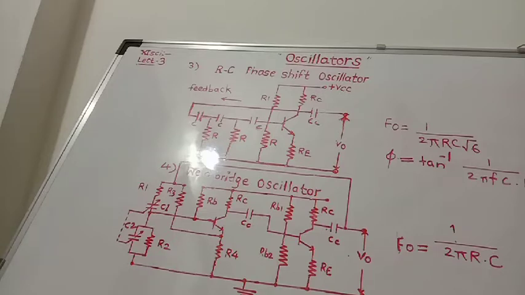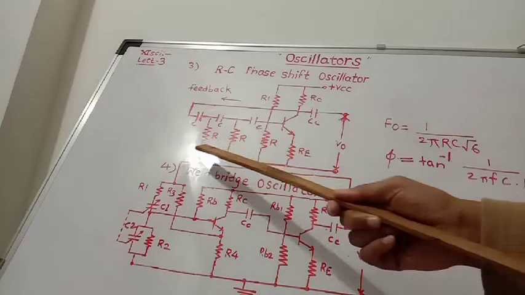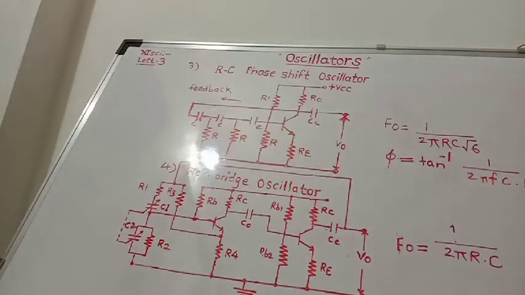It acts as an oscillator because each RC network produces a 60-degree phase shift, calculated by phi is equal to tan inverse 1 upon 2 pi FCR.